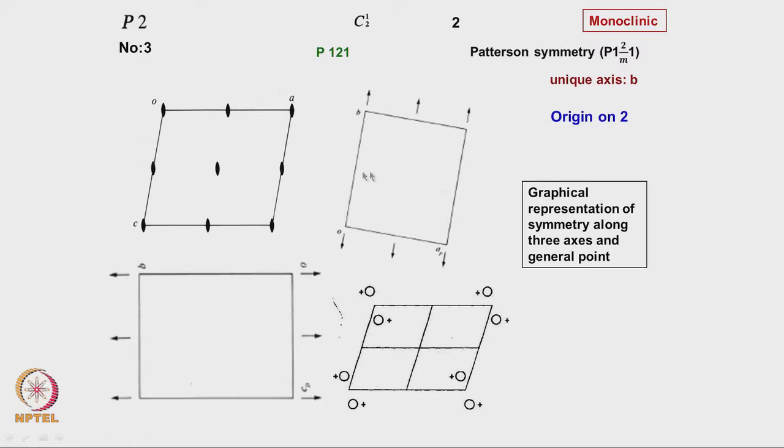When these directions are shown, it is complete in itself, correct. In addition, if you see a symbol shown with an arrow, this exhibits that a rotation axis is there along this direction.